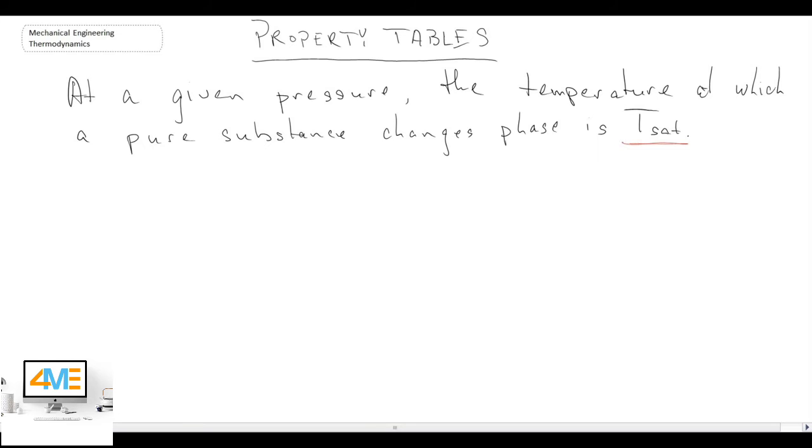And if you look in the back of your thermodynamics book, you will find tables that pertain to that situation. So remember, we said we're at a fixed pressure, so you would want to look in the back of your book and find saturated water and what are called the pressure tables.